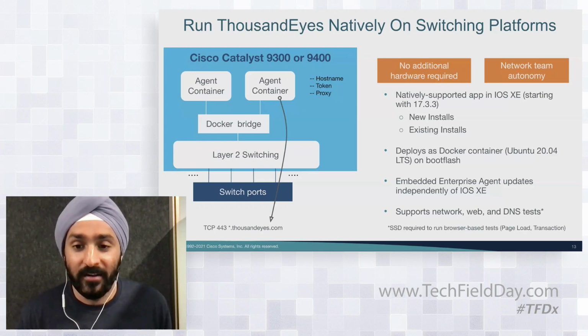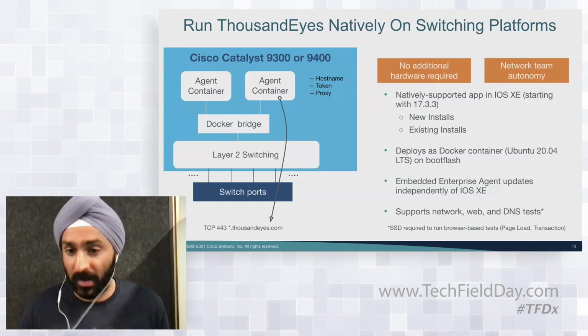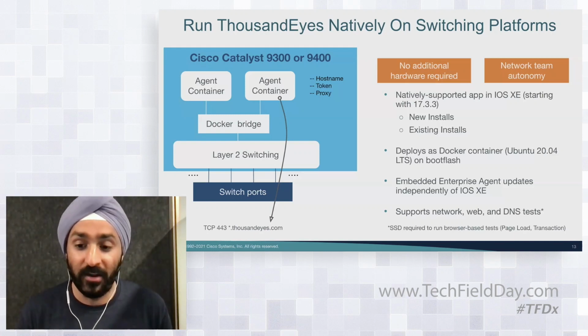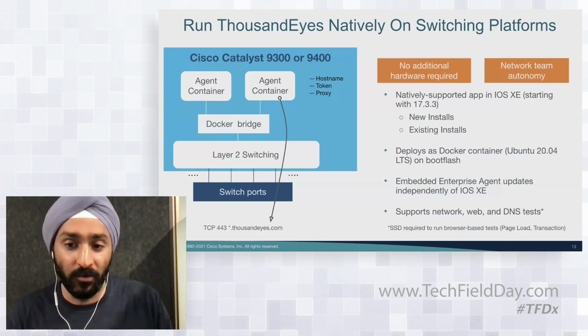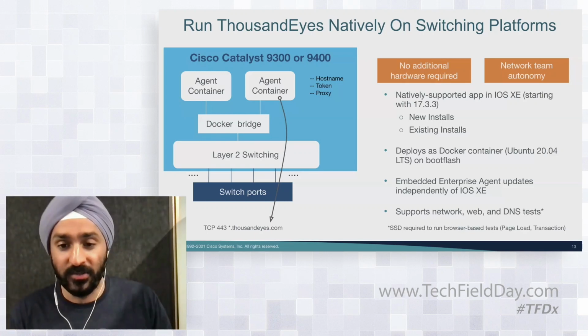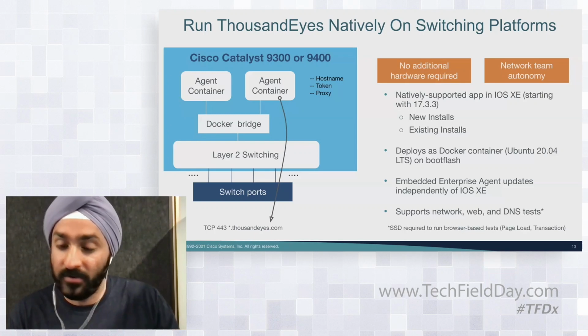We totally understand iOS XE upgrades aren't always easy. There's a long process that requires vetting across customers and users. But this is a one-time update only to be able to allow our agents to be installed in a 93 or 9400.